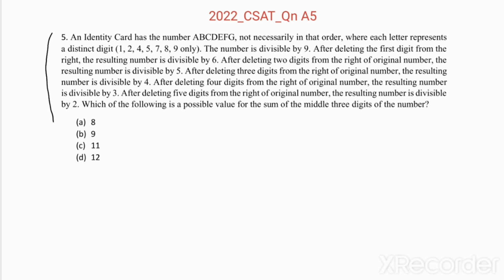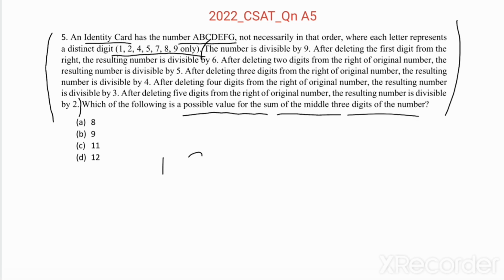There is an identity card. It has a 7-digit identification number. Those 7 digits are made up of these 7 digits 1, 2, 4, 5, 7, 8, 9. Not necessarily in that order. Then there are given some statements here. We have to find a possible value for the sum of the middle 3 digits of the number.